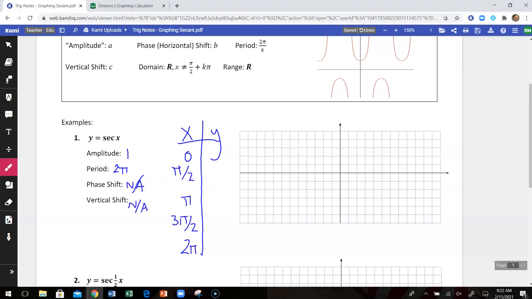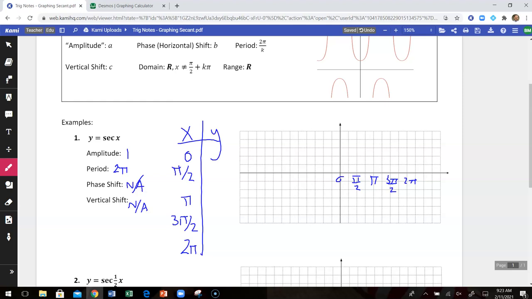And then to get the y values, this is actually what I'm going to do. So let me go ahead and write those x values across here. So 0, pi over 2, pi, 3 pi over 2, and 2 pi.